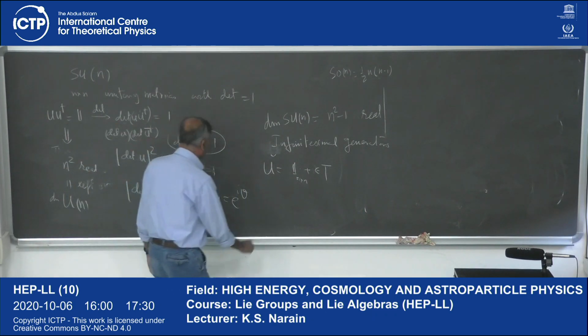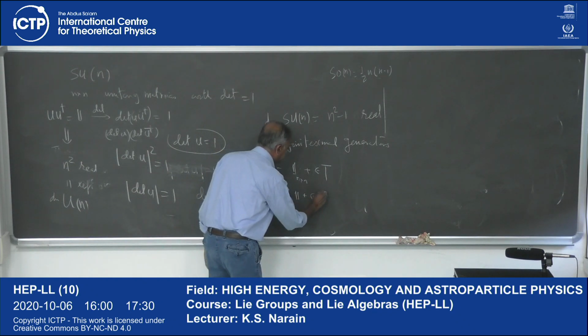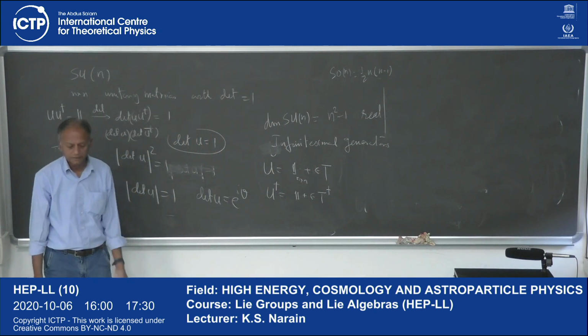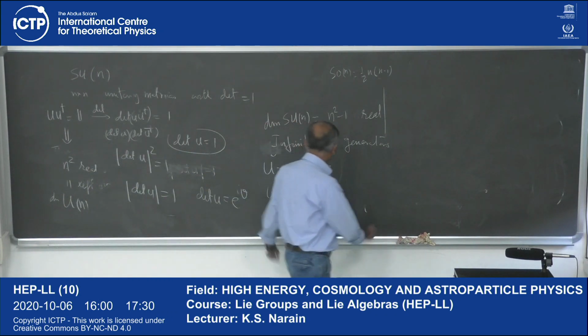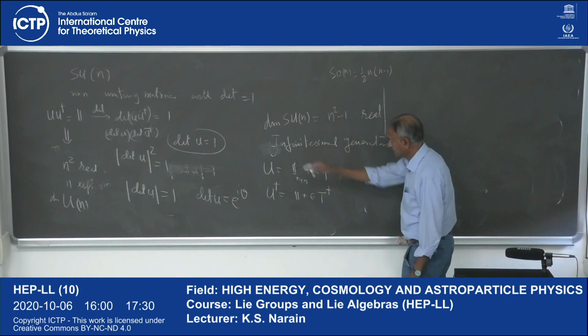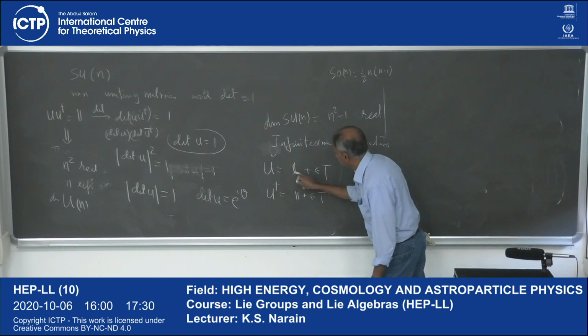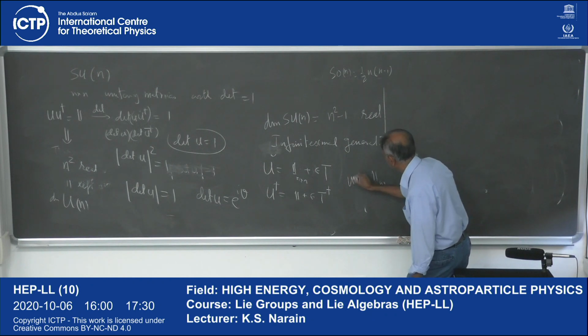So if I take the U dagger, U dagger is nothing else but again identity plus epsilon T dagger. Epsilon is a real parameter, the infinitesimal epsilon. If I plug that into that equation, the first term, this times that, is the identity.